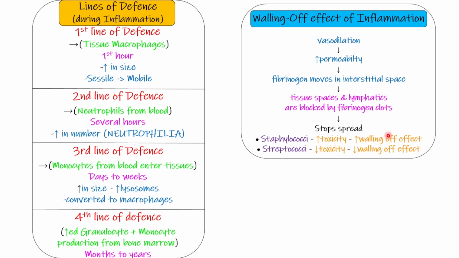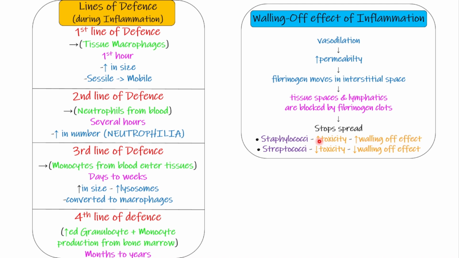Okay. So there are two microorganisms. One is staphylococci and the other one is streptococci. Now, staphylococci has more toxicity as compared to streptococci, which is less toxic. So as the staphylococci is more toxic, the body is going to respond to it with greater walling off effect.